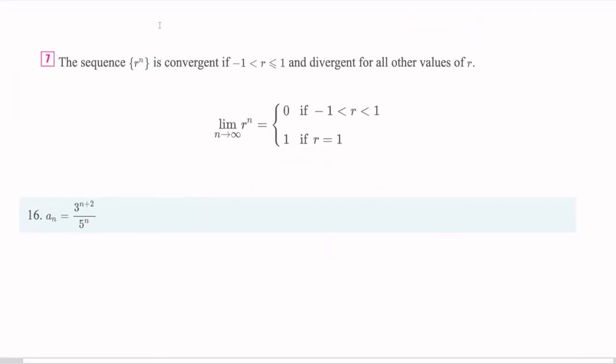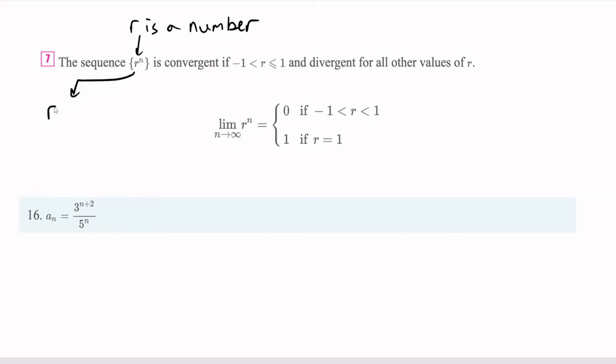So here's another big one. And this, again, ties directly to what we thought in Calc 1. So that's super nice. Let's say you have a sequence of the form r to the n, where r is some number. R is a constant. Okay? Well, if you have a number raised to the power n, and again, what's this going to look like?